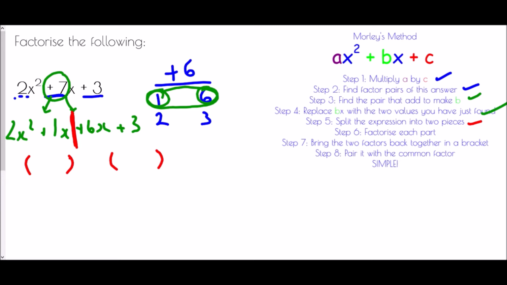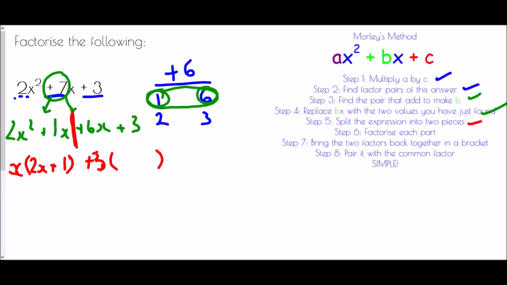And so we look for the common factor of 2x squared and plus 1x. Well, the common factor of those two is x. X is multiplied by 2x to make 2x squared, and it's multiplied by plus 1 to make plus 1x. On the right hand side we're looking for the common factor of plus 6x and plus 3, and in this case that is plus 3.